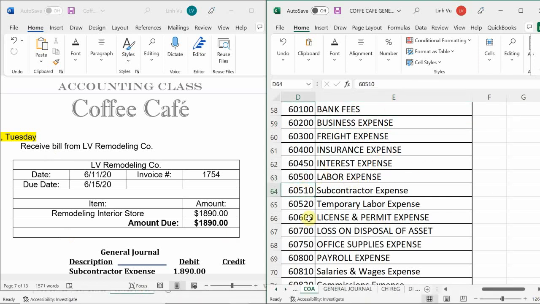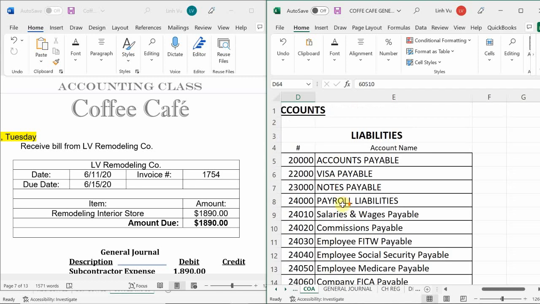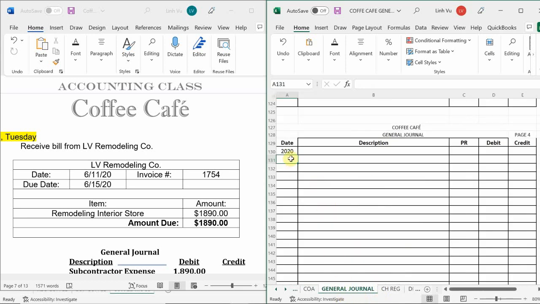So we got a subcontractor expense for $18.90, and we placed it on an account.